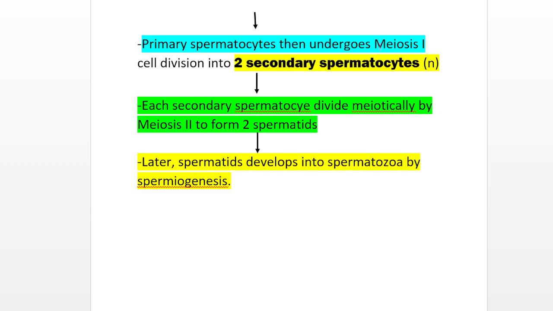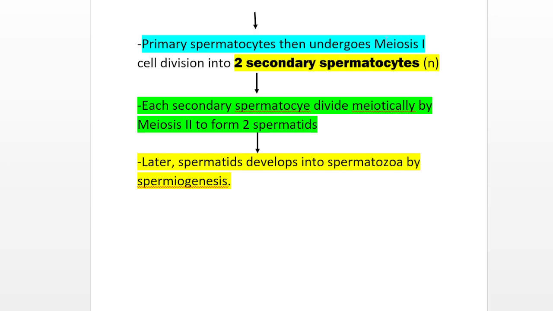We all know that meiosis is a reductional type of cell division. So from the diploid primary spermatocyte, the secondary spermatocyte, which is a haploid structure, is produced. Each secondary spermatocyte divides by meiosis second to form two spermatids.